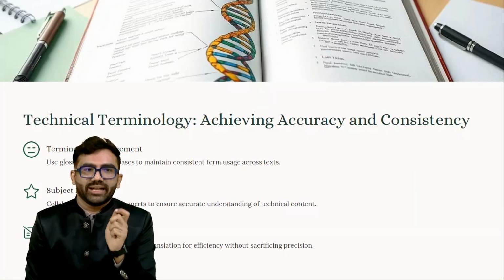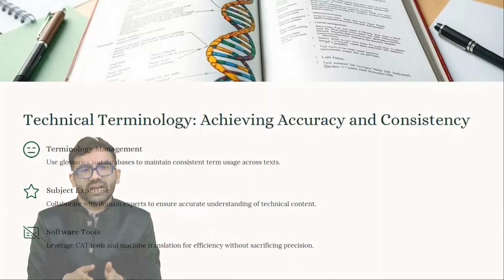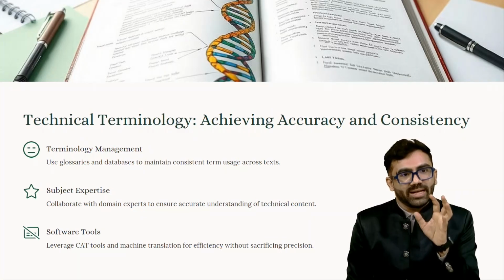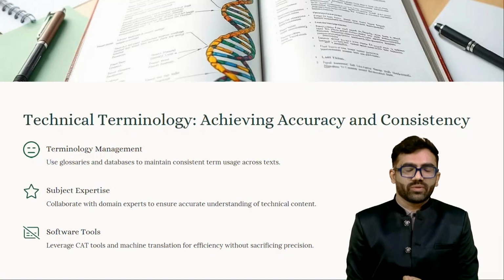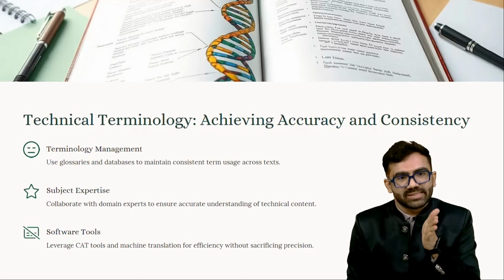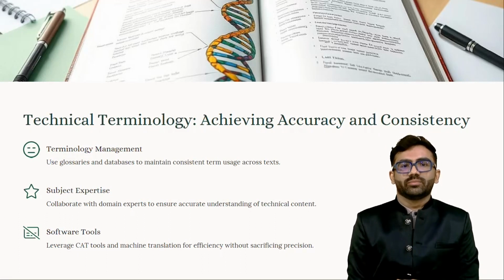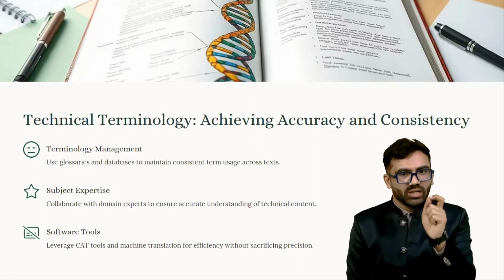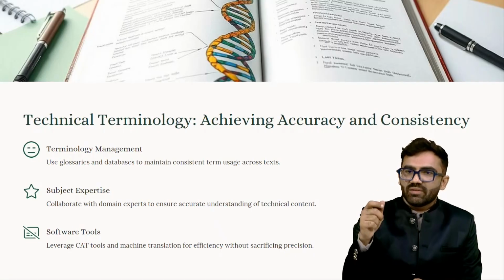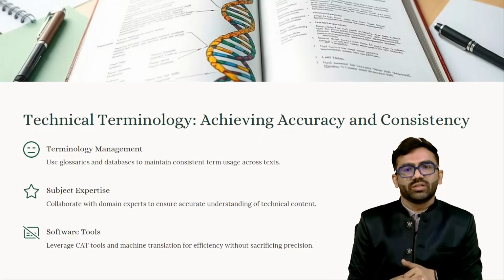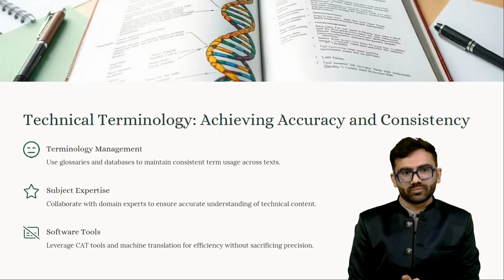Then we talk about technical terminology. At that time, you will have to achieve accuracy and consistency and manage technical terminologies. What will you do? You will use glossaries or databases to maintain consistent term usage across the text. For example, if I use the word glossary and put an equivalent to it in Hindi, everywhere I should use the same word which I have used in the first chapter.